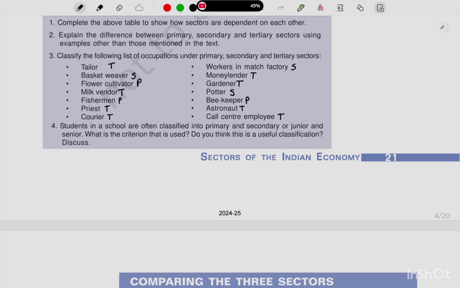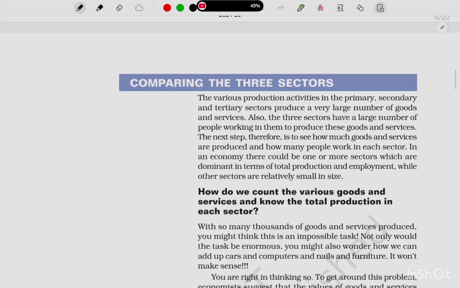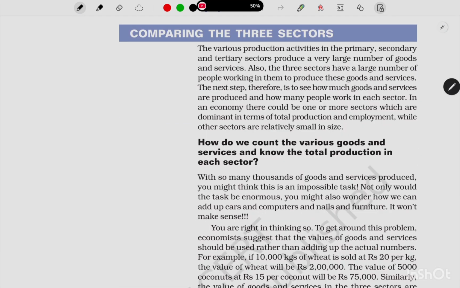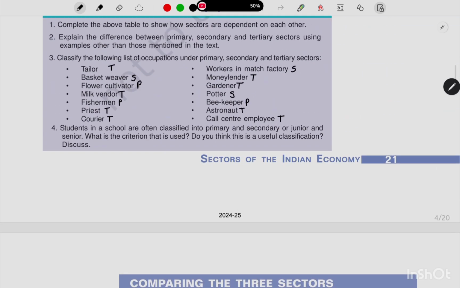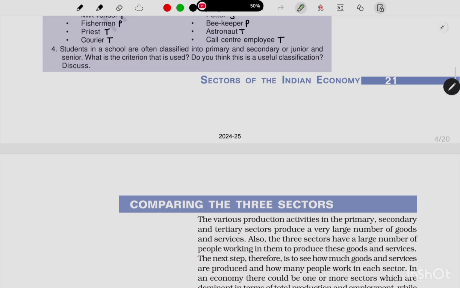It is more preferable if classifications are done on the ability of a student rather than the age. Comparing the three sectors, I must say this, in 90% of the time the junior and senior system is working, but in 10% of times it just fails to do so for the reasons that I told you.